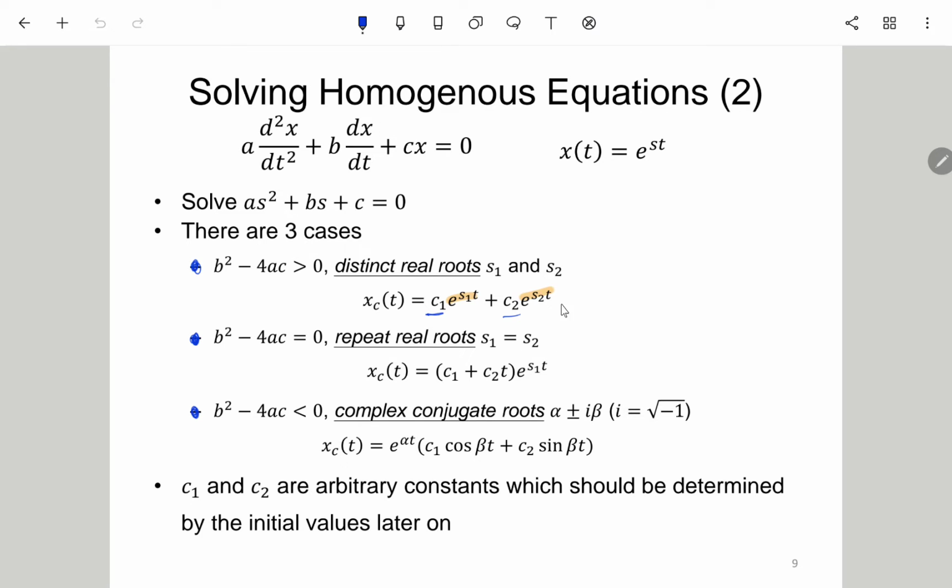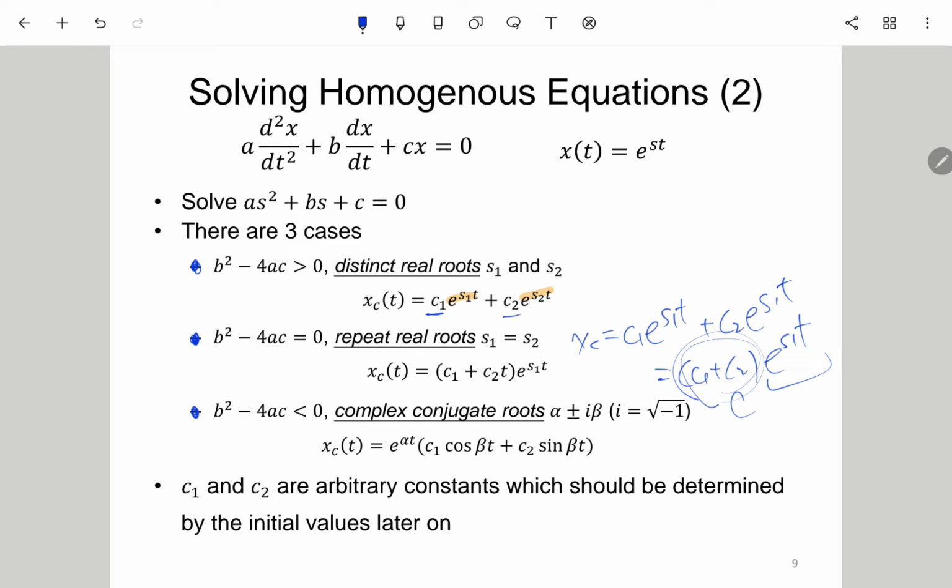If we still follow the previous case, xc equals C1 exponential to s1t plus C2 exponential to s2t. But s1 and s2 are equal, so it turns out to be C1 plus C2 times exponential to s1t. We only have a single solution. An arbitrary constant plus an arbitrary constant is still just a constant, so this is nothing but a C.